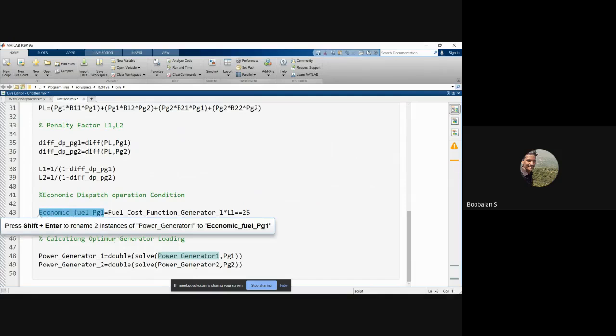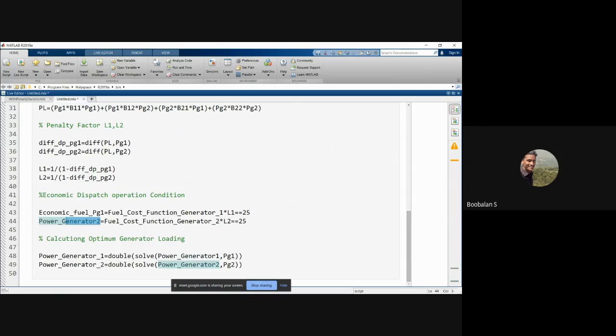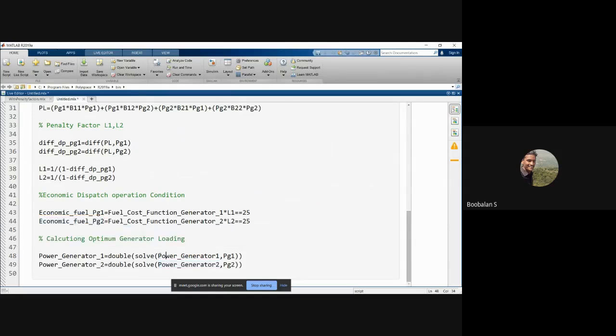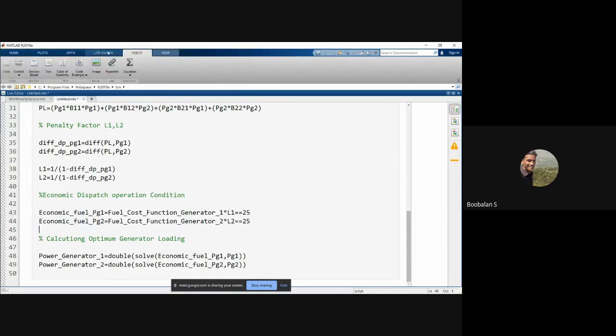If you change it here, you need to change it everywhere, so if I change it here it should be reflected everywhere. Fuel pg2, this is the variable I need to invoke again here, because that equation is what I'm going to solve. That's why the same variable name is reflected everywhere, so in the solve function it needs to be reflected. Now we will not get any confusion. Now once again, save it.